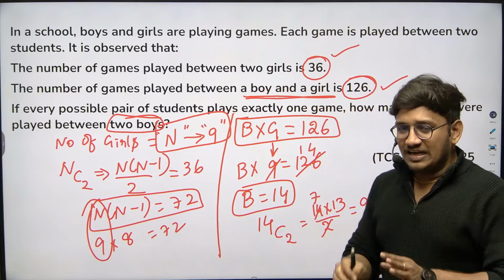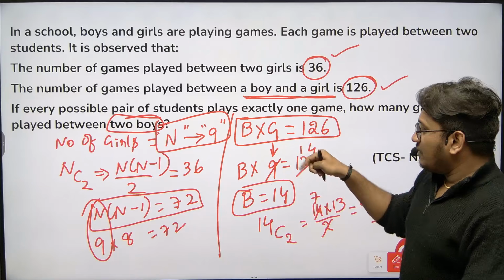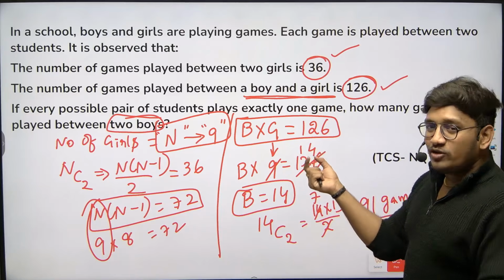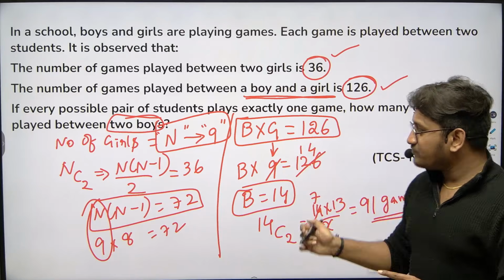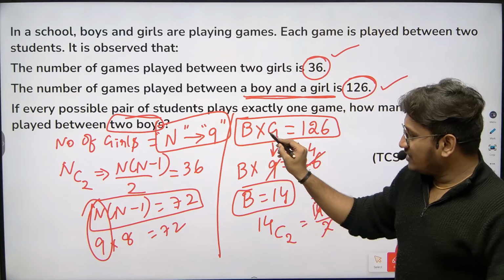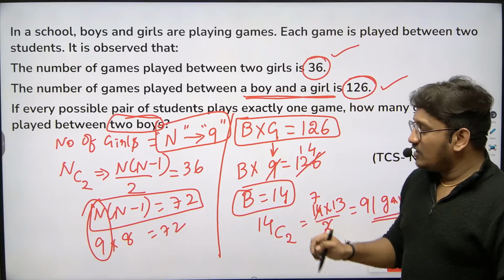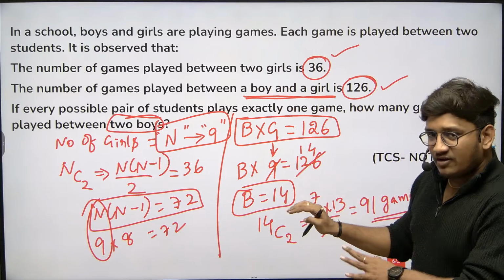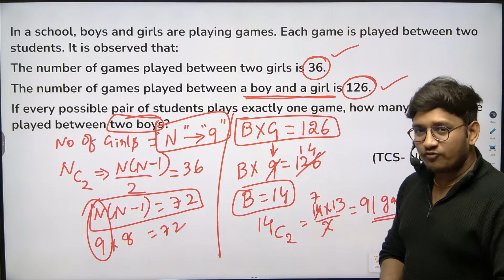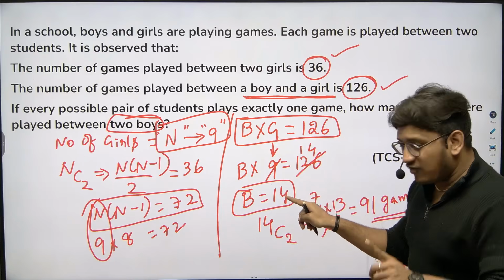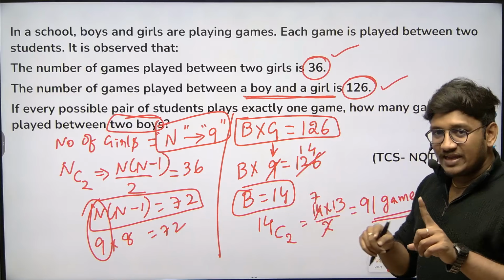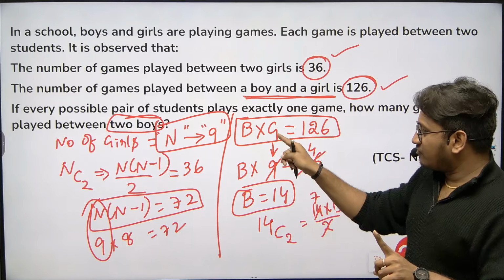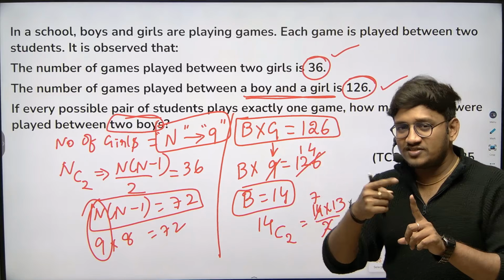Very simple guys, let me count it and tell you. Some students might not be able to get this particular logic. We have a total of 9 girls. After getting the answer that the number of boys is 14, if I consider, the first boy can play a game with the first girl, right? One combination is done, one game is done.